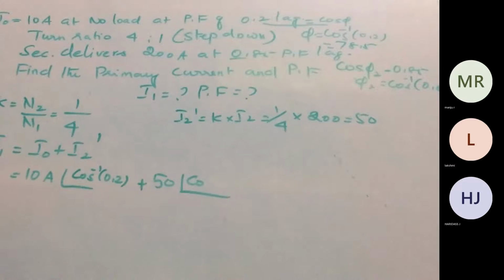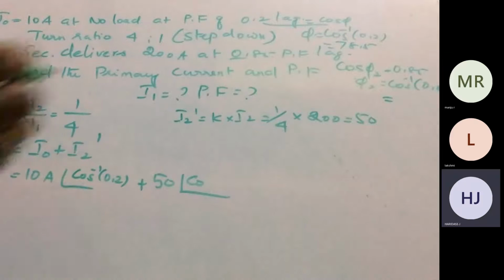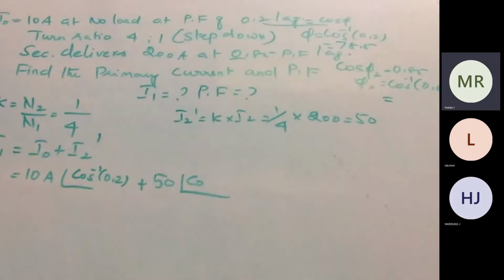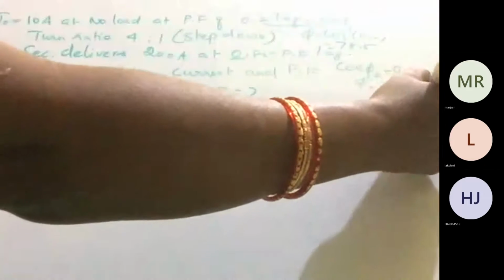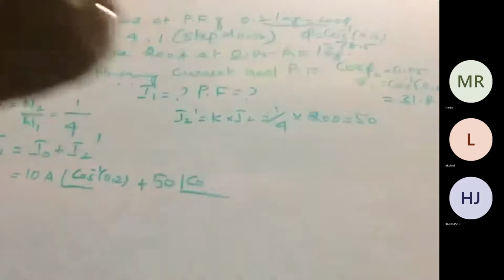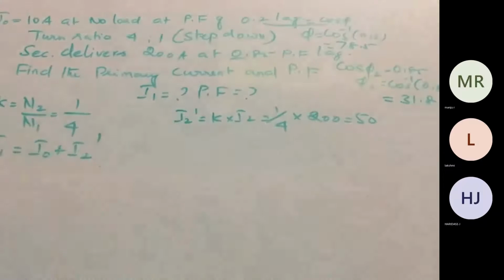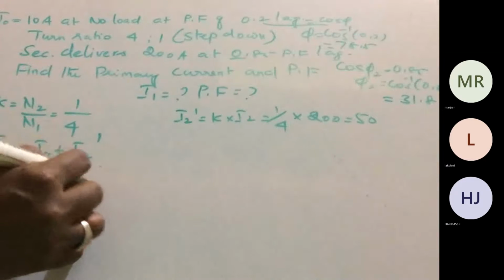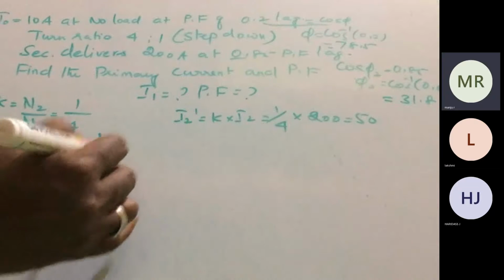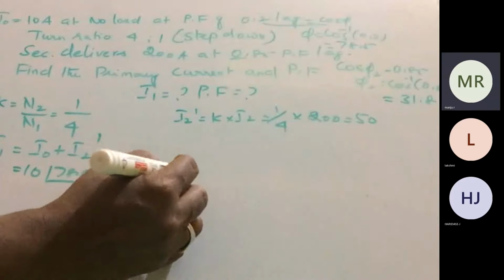Similarly cos inverse 0.85, what is the value? 31.8. So can we directly substitute? 10 amps I0 value at angle 78.5 plus I2 dash 50 at angle 31.8.